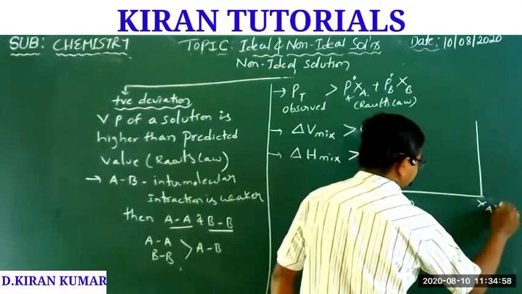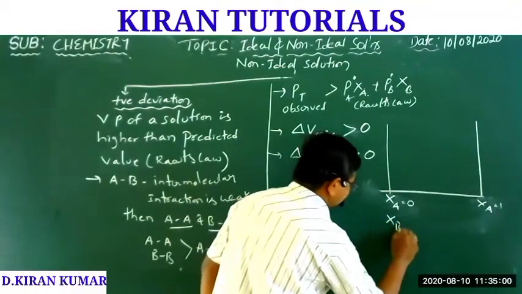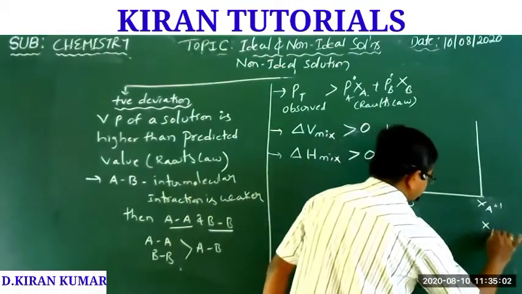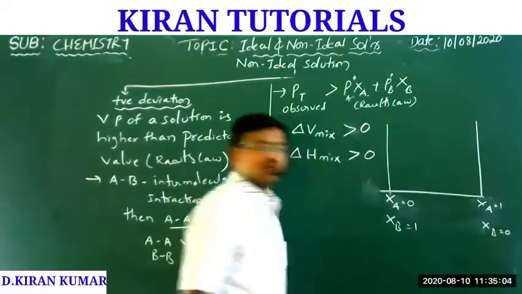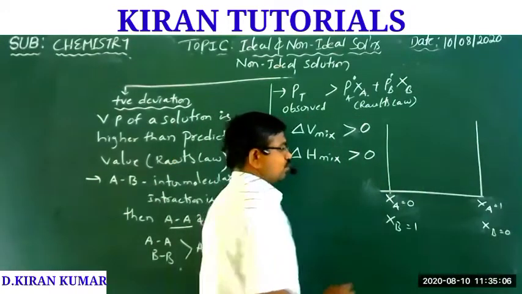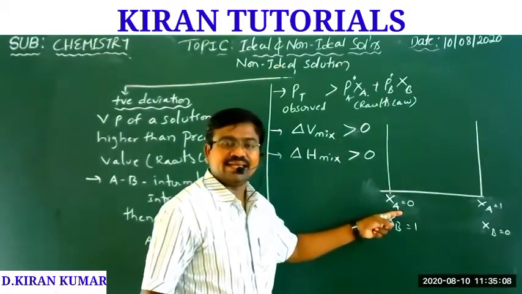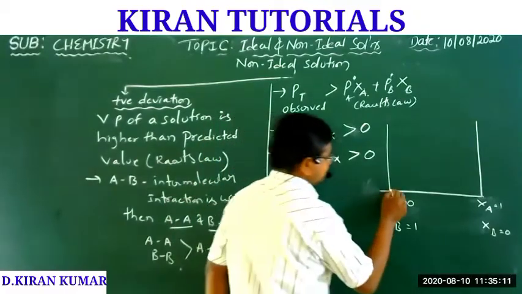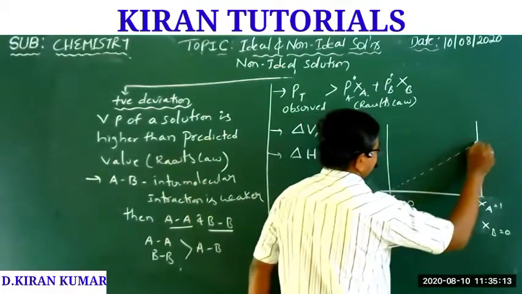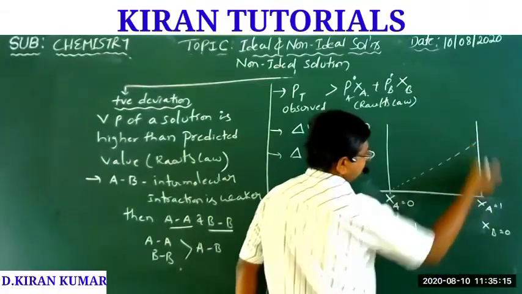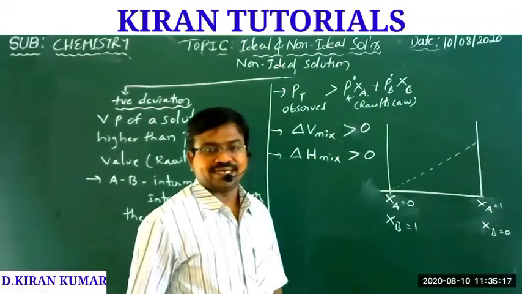Here, mole fraction of A is equal to 1. Here, mole fraction of B is equal to 1. Mole fraction of B is equal to 0. What about pressure? What about A, liquid pressure? That is here. It is the point, because the mole fraction of B is 1. You can plot a graph.